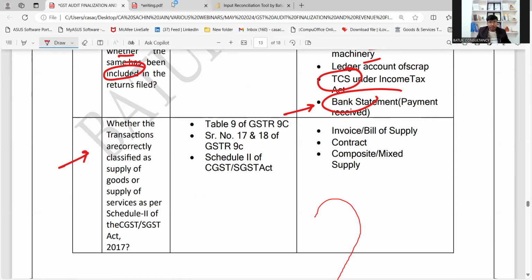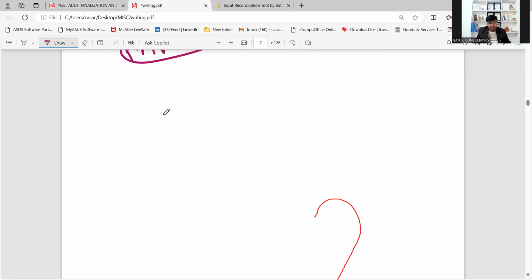Next point, related to classification of the supply.